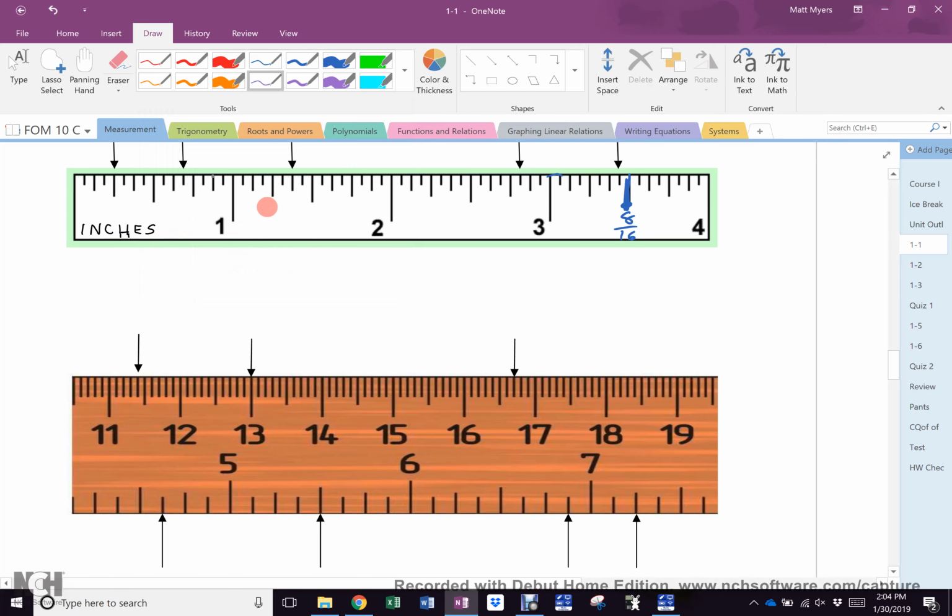Okay. How long's this one? 11.4 centimeters. How else could I write that and have it be correct? I could write 114 millimeters. What else could I write?